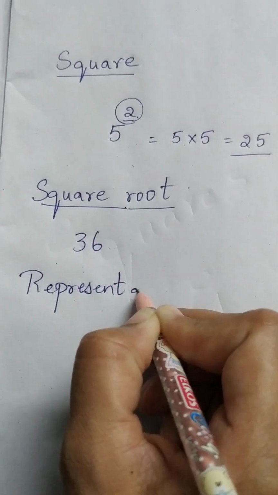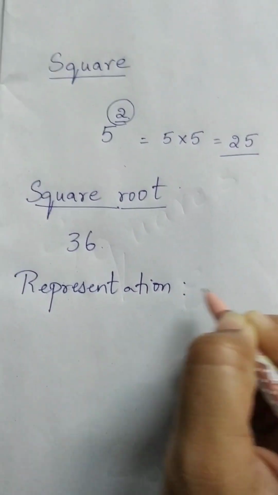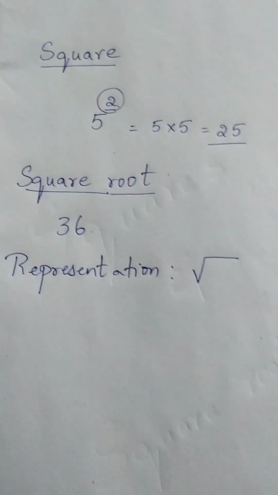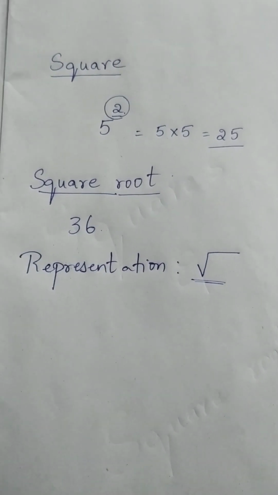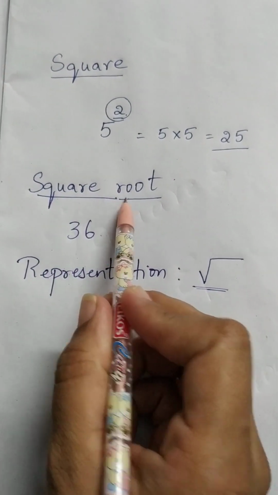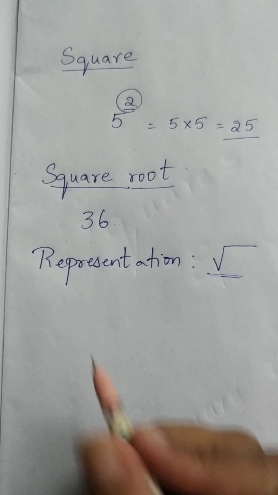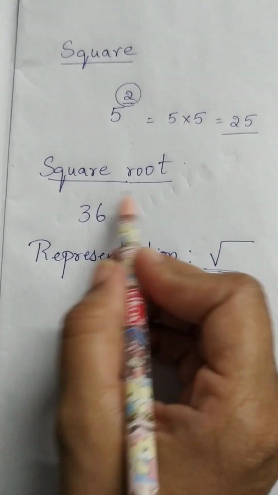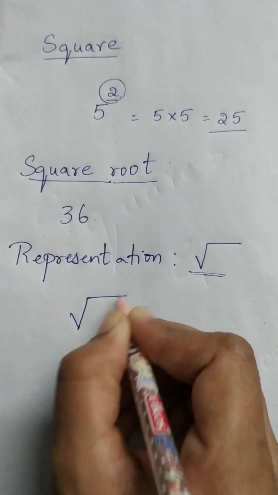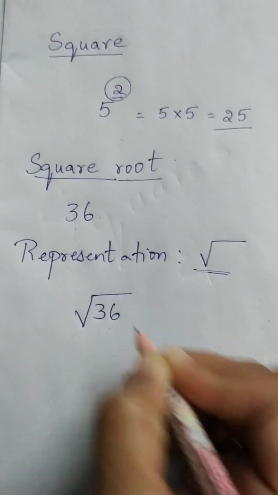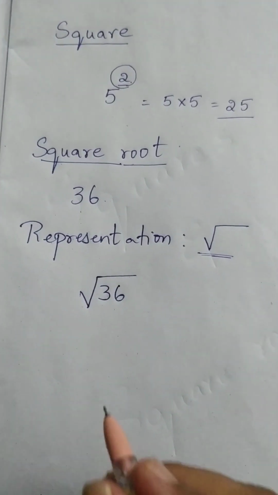The representation for root is like this. This is how you represent the root. I'll tell you in detail about it. So 36 under the root is the square root of this number.